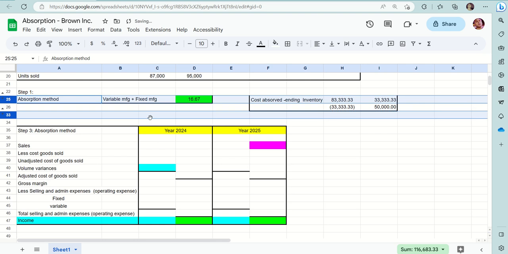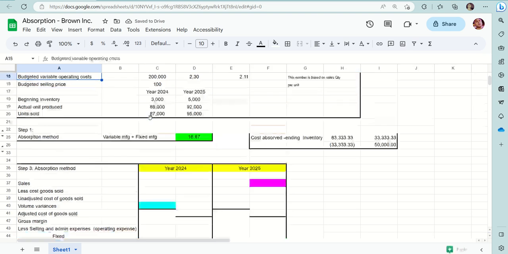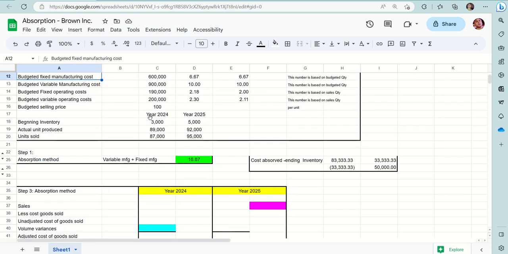The number of units we sold is actually 87,000, multiplied by the sales price, which is $100 right there. Okay, that is our sales.